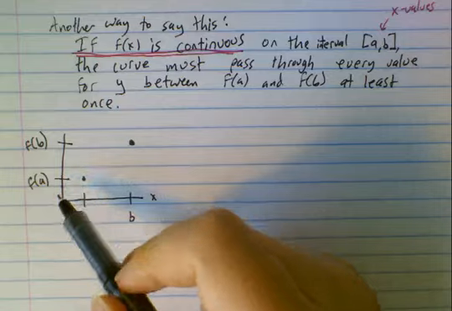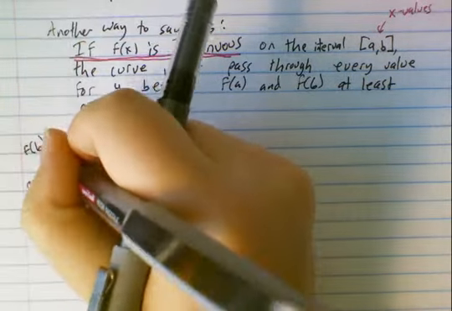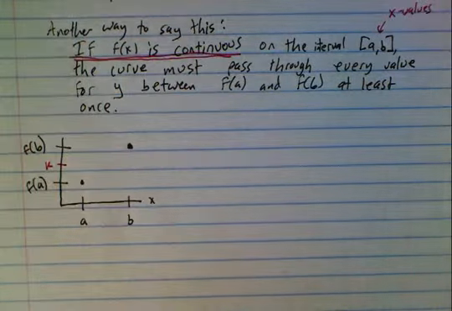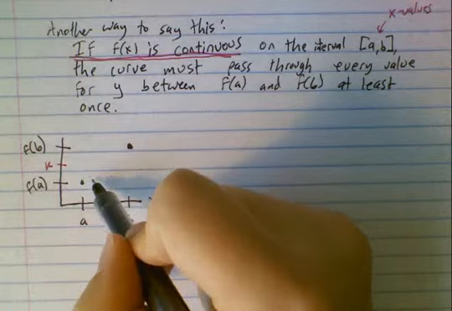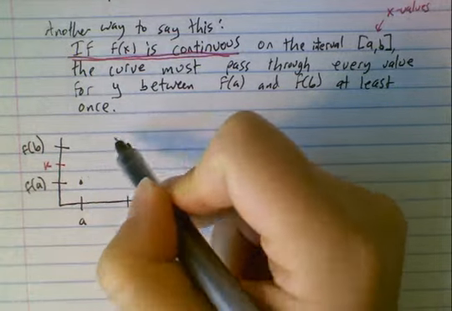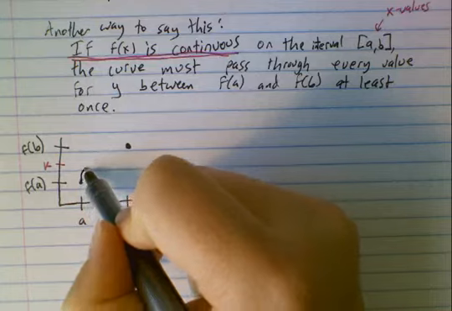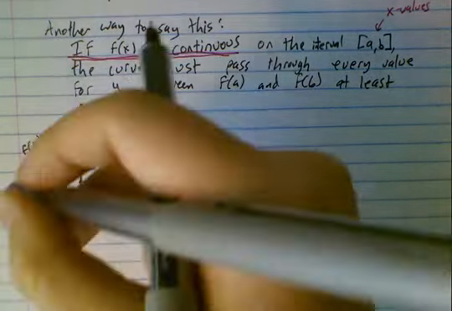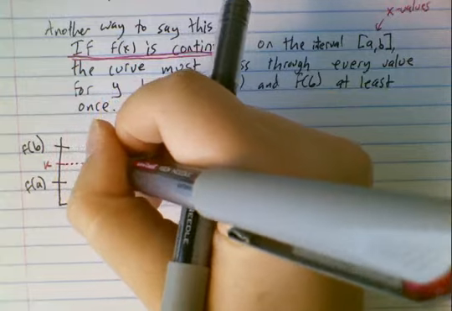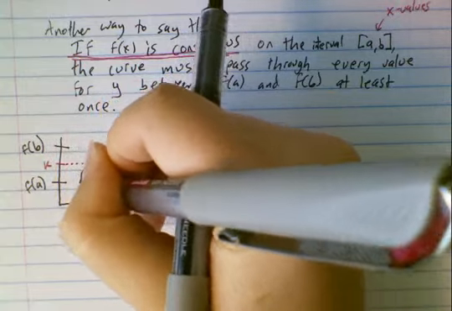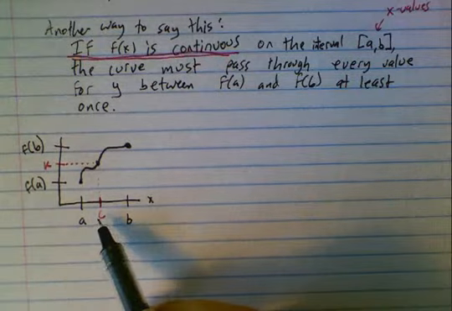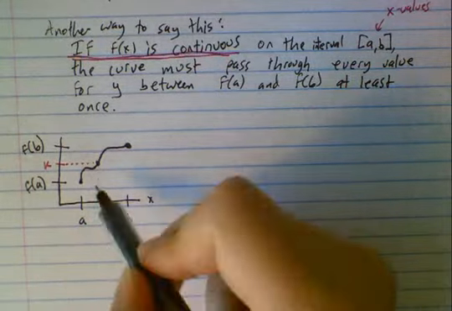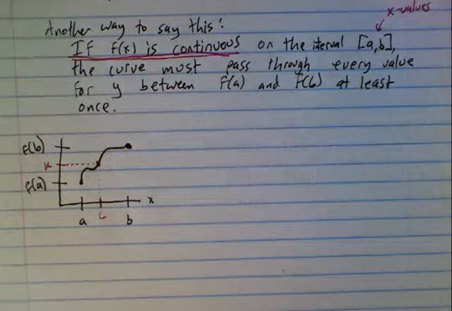So if I pick some value, k, no matter how I twist and strain, as long as this is a continuous function, at some point there's some value c for x, that when x equals c, y equals k.